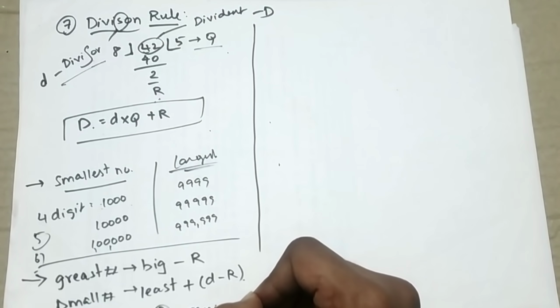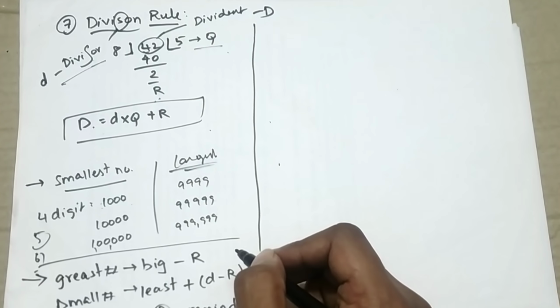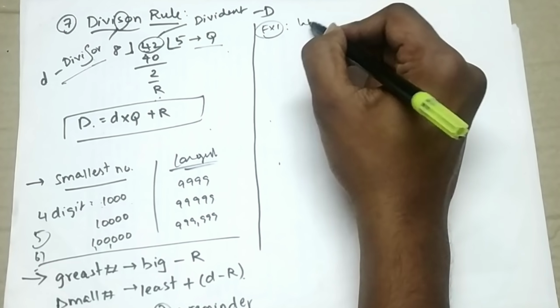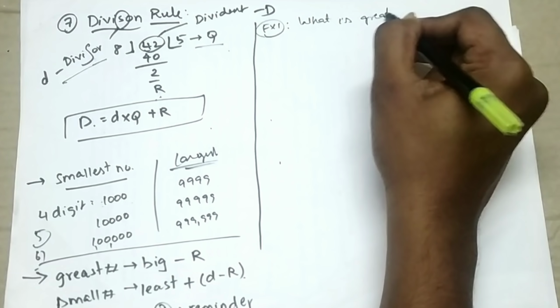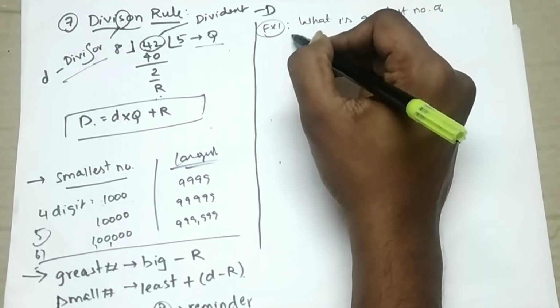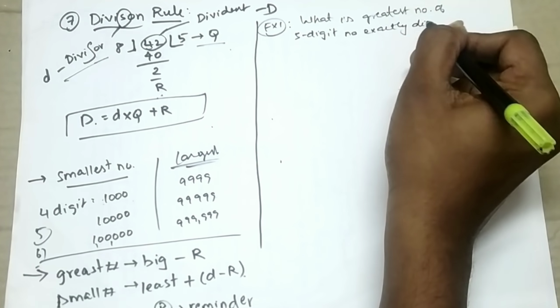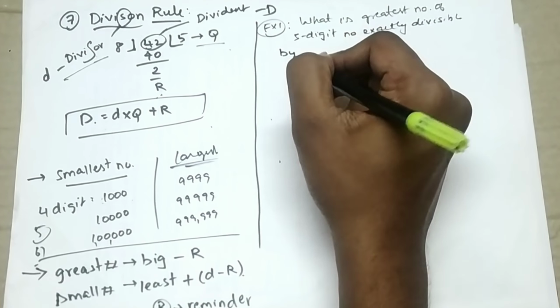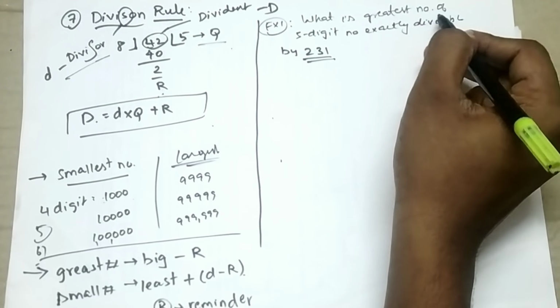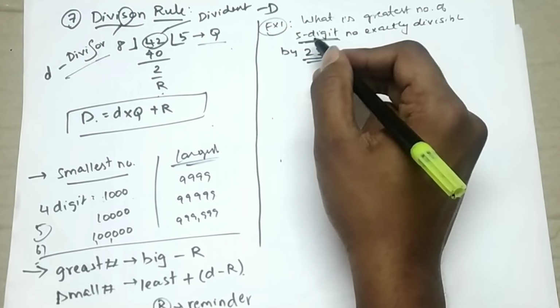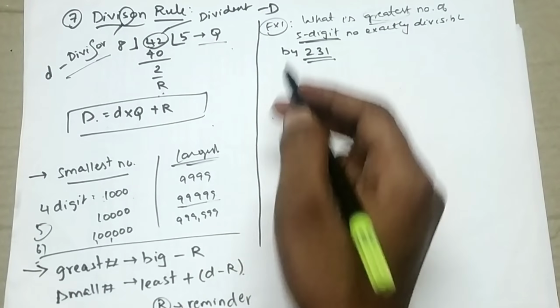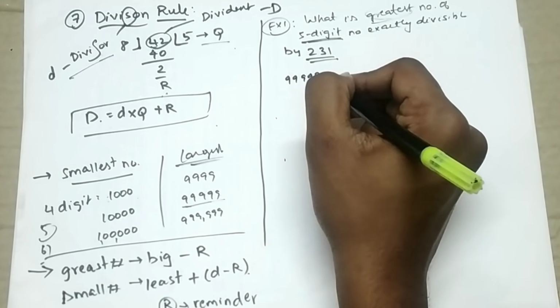Okay, let's go for the first example. What is the greatest 5-digit number exactly divisible by 231? So this is the question. The greatest 5-digit number is 99,999.